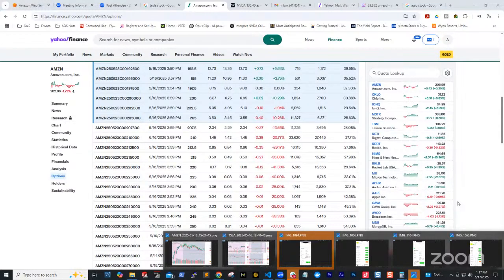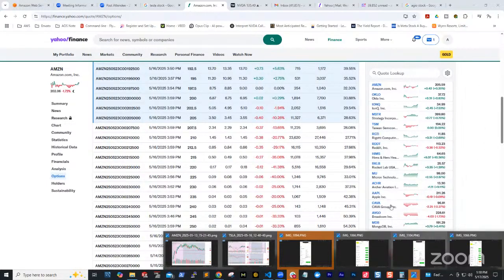Instead of it expiring this Friday, it's going to expire next Friday, to give me another opportunity. If Amazon ends up moving up this week, I can make the money back. But either way, I still lost the money, because I could have sold it, then used some of that profit to buy for this week again. So either way, it's still a loss.